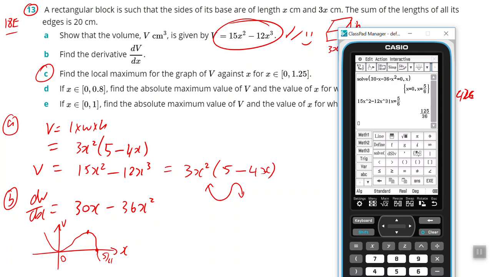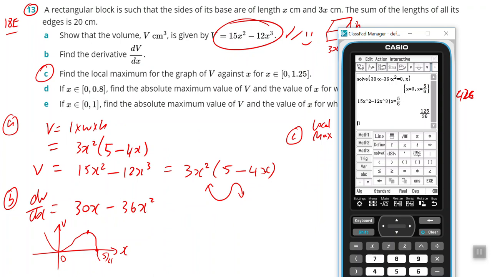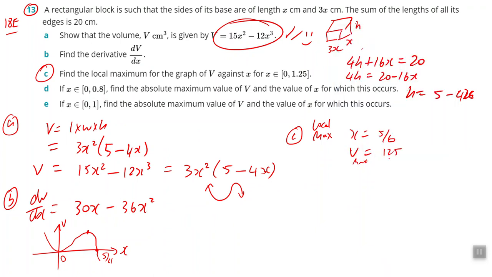So the local max is given by x equals 5 on 6, and our corresponding V value, V local max, would be 125 on 36. In coordinate form, that's (5/6, 125/36).